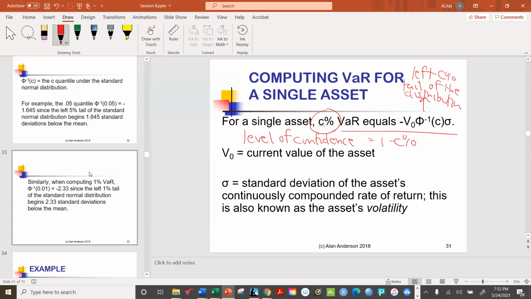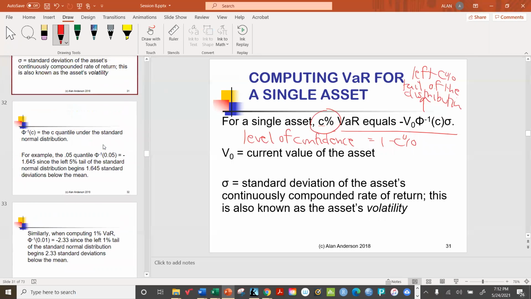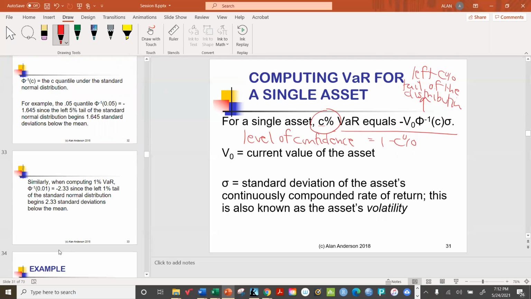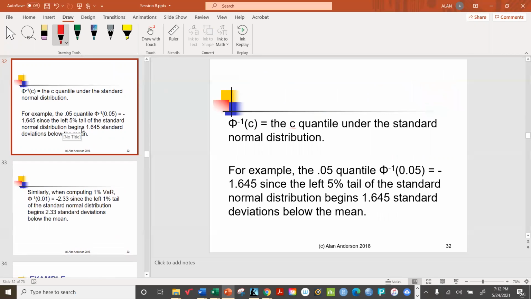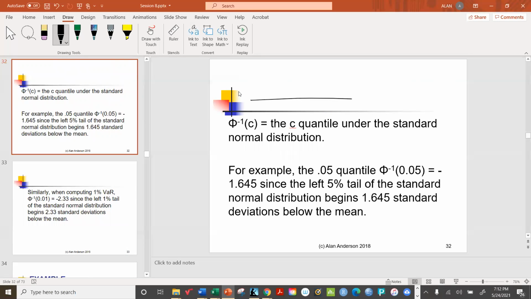Oh, by the way, I just want to mention there's a couple of cases that we run into very frequently. We can look these up in Excel, but the two cases that you tend to see with VAR are 95% and 99%.